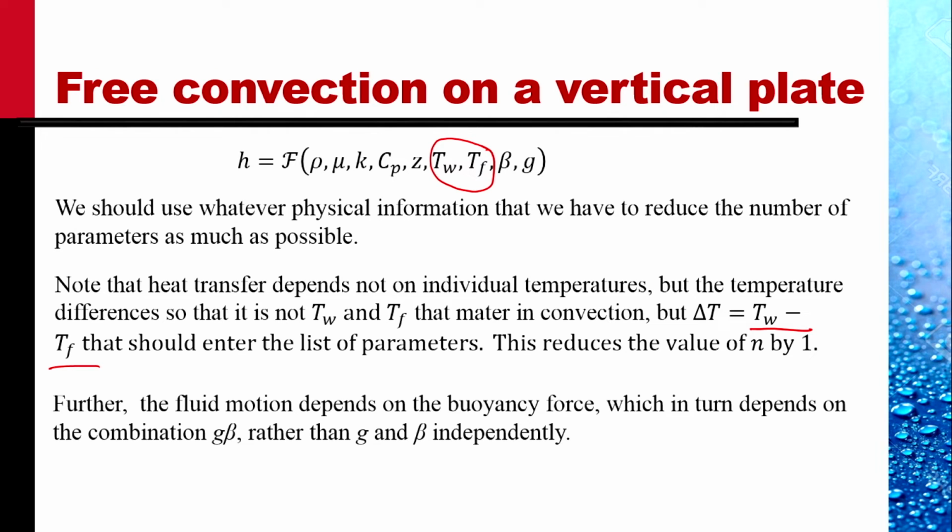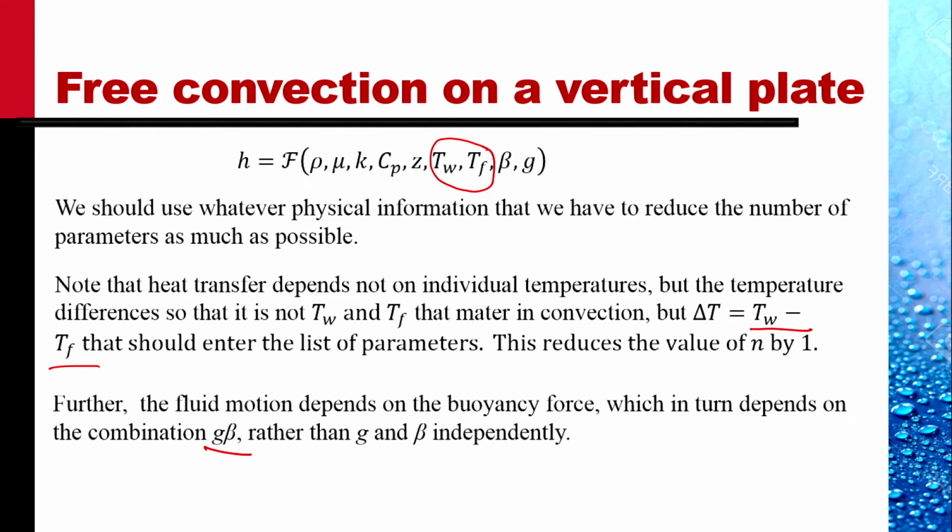Further, the fluid motion in the vertical direction depends upon the buoyancy force, which in turn depends upon the combination g beta rather than g and beta independently. Beta would result in a density difference, and that multiplied by g will give you the buoyancy force.